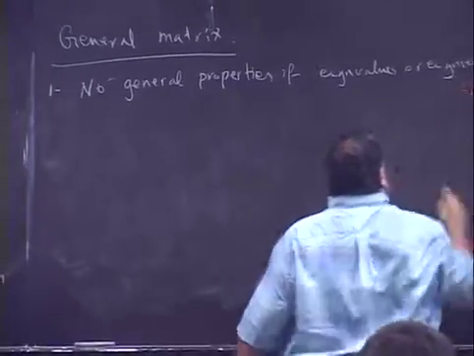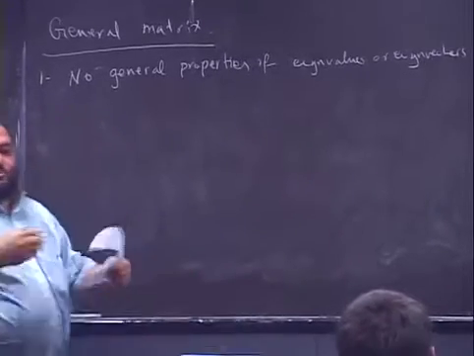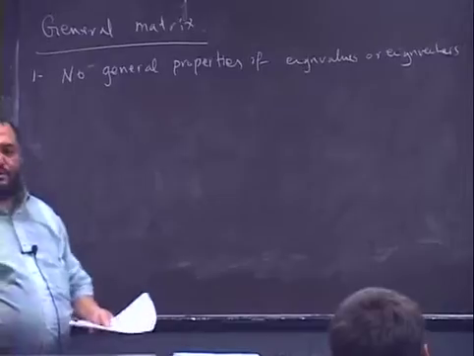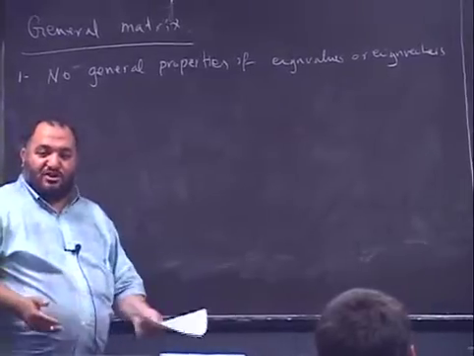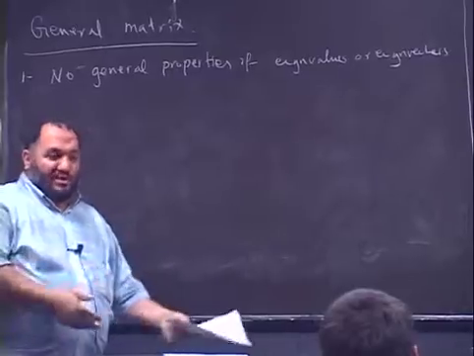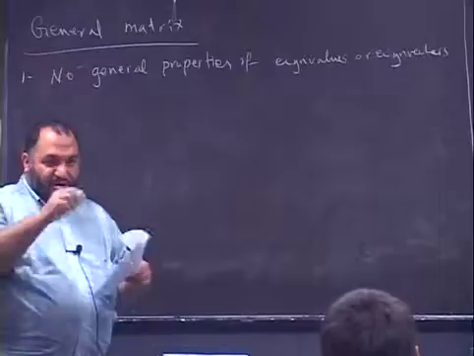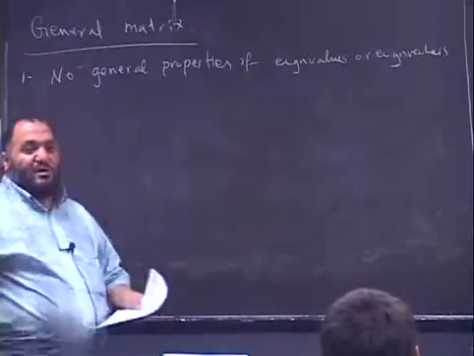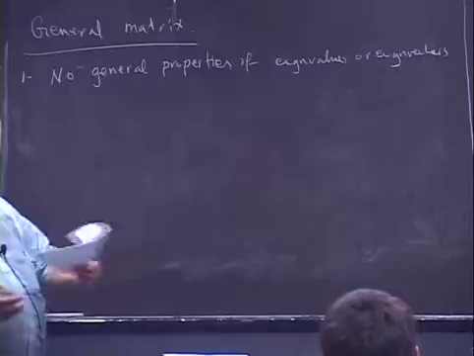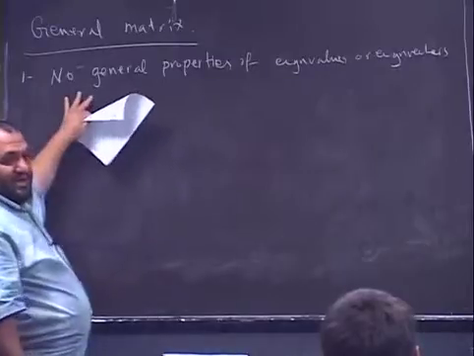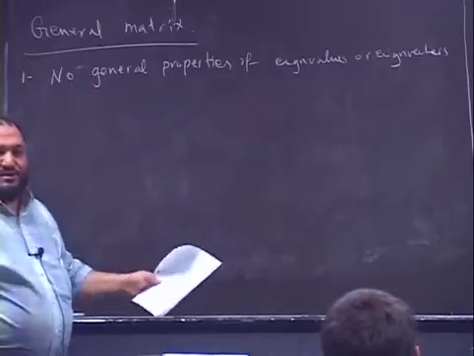For normal matrices, we saw that there are general properties. For Hermitian, the eigenvalues are real. For skew-Hermitian, they are pure imaginary or zero. For unitary, the eigenvalues have amplitude equal to 1. And the eigenvectors form an orthogonal set of vectors.